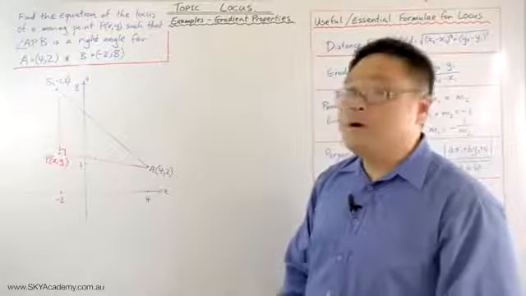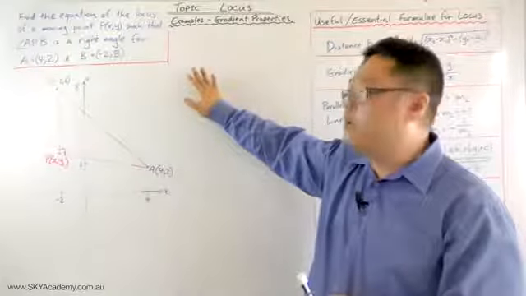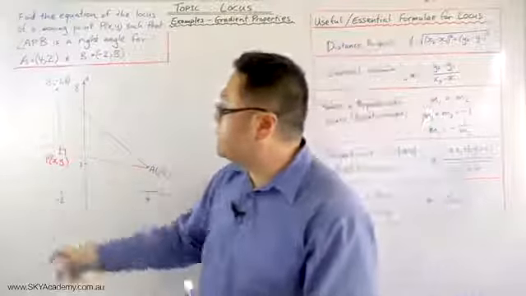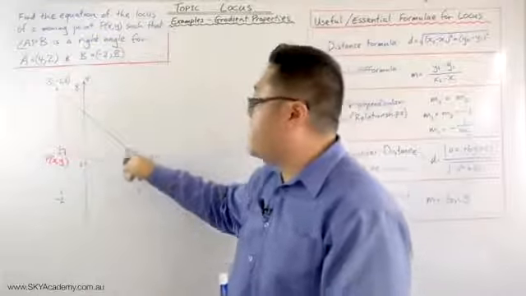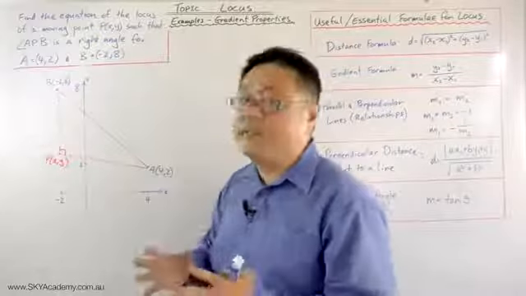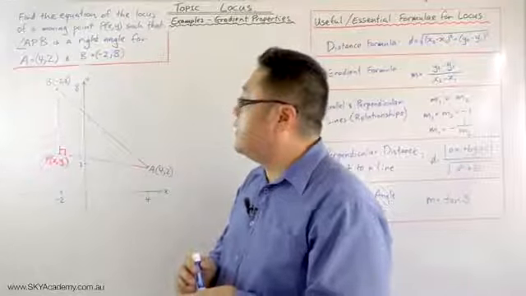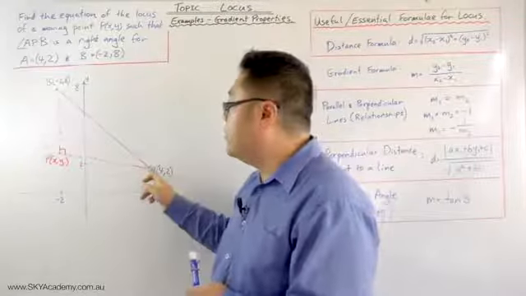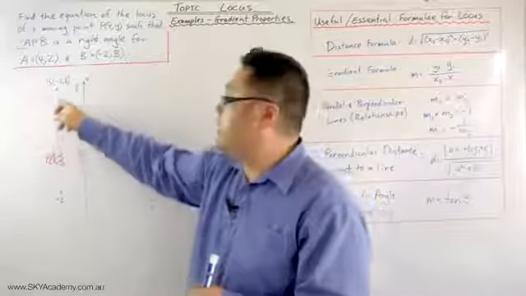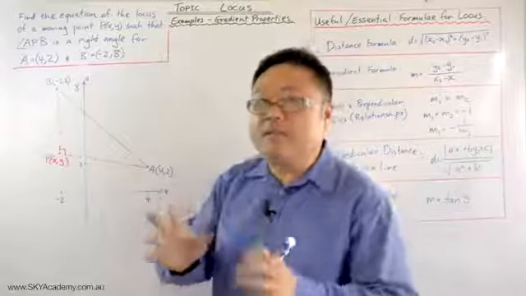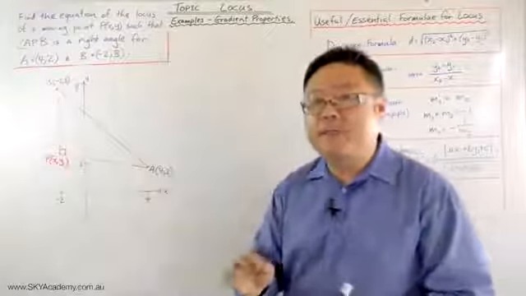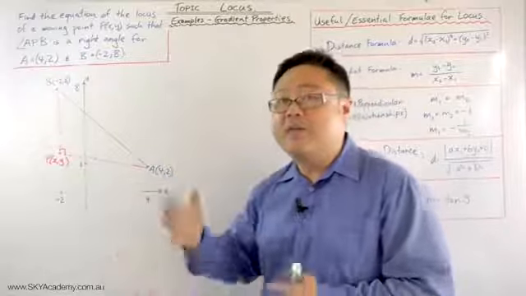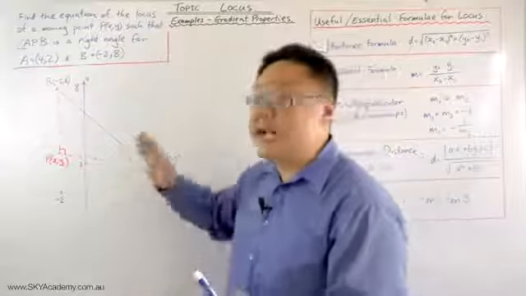Before we launch into the algebra, can you actually see what this locus is going to be? Let me give you a hint. This line AB is going to be the makings of a right angle triangle with point P. For those of you who are doing extension 1, and if you've done circle geometry, that's the hint.